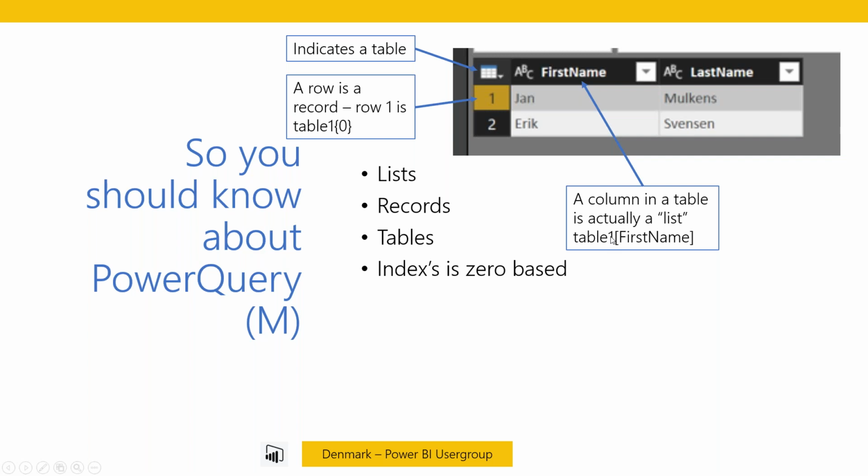So Table1[FirstName] will return a list of first names in your table. And we can refer to tables in other queries to, for instance, extract a list of first names.